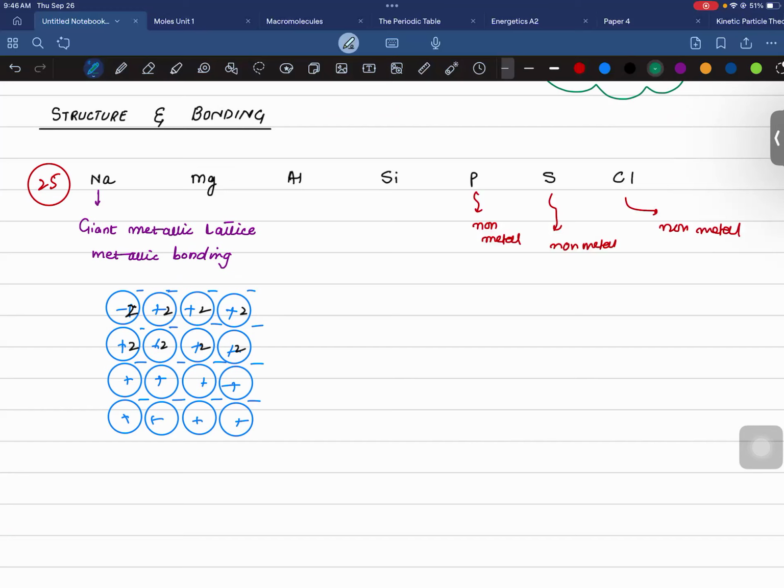Always, always, this is covalent, because to be ionic, it should be combined with a metal. But right now we are not doing any chemical reaction or combining them. We are just discussing the different elements individually. Phosphorus is a non-metal, so obviously it has covalent bonding. But remember, phosphorus exists in this form. This is the stable form of phosphorus.